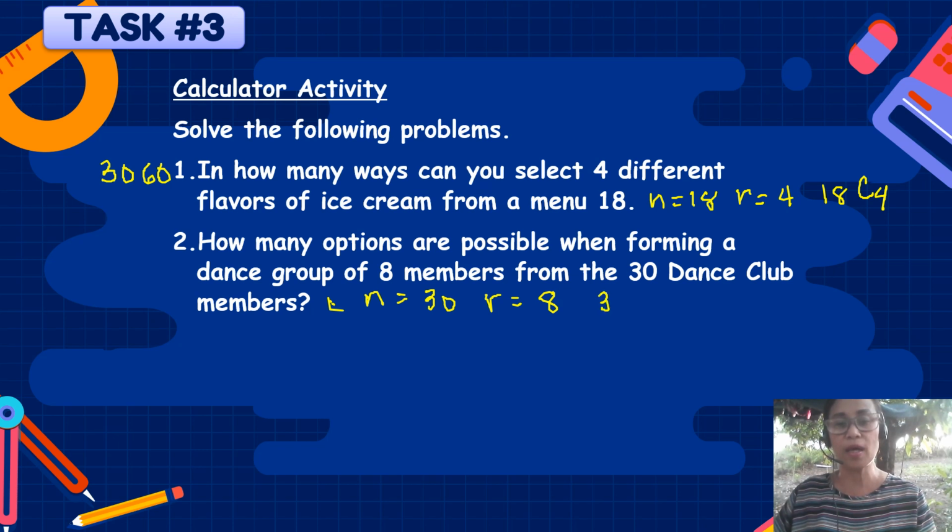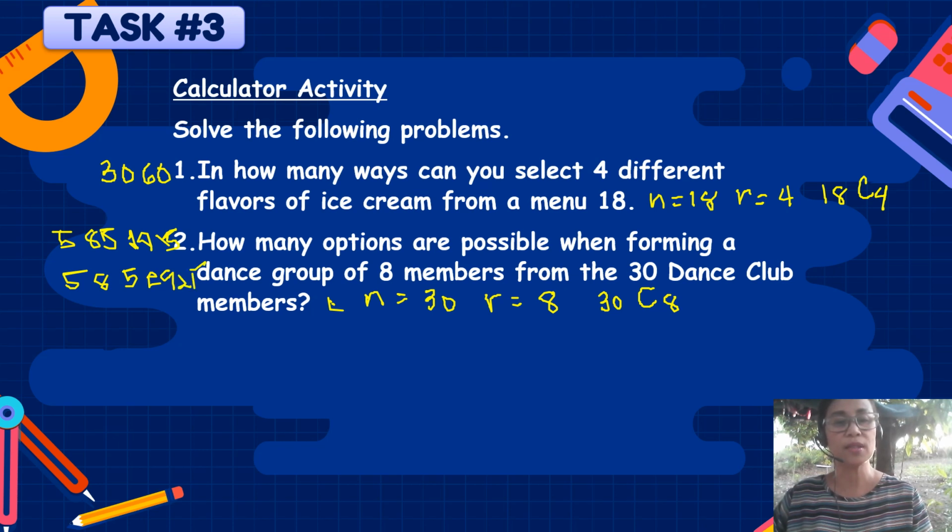So go ahead, 30C8, and the answer is, oh, there's quite a lot of choices. 5,852,925 choices or options that you are going to have.